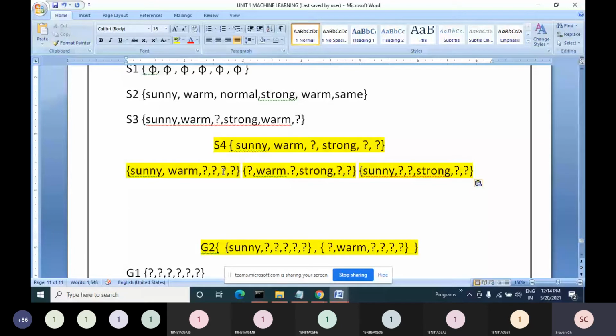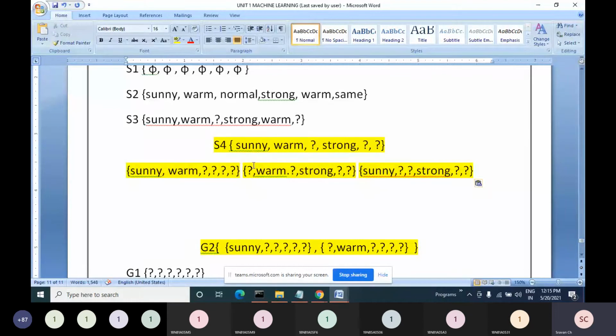Similarly, warm and strong were retained. Sunny was replaced with a question mark. You may ask, sir, how is it possible? See my G2. The second hypothesis in G2 says if warm is the value of the second parameter, the remaining can be question marks. So I retained warm and strong, and modified sunny to a question mark.